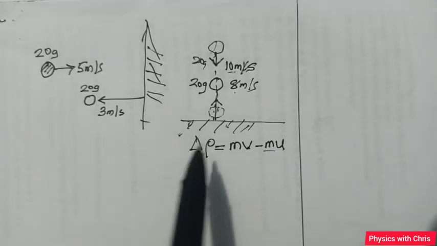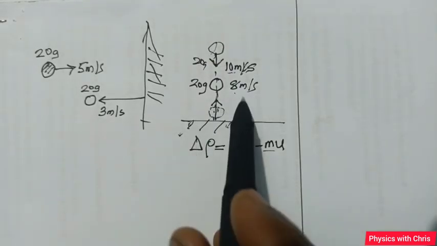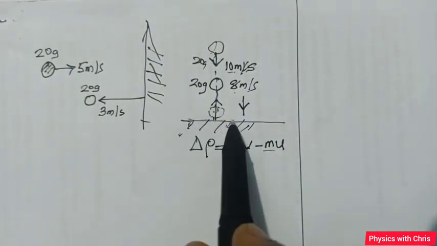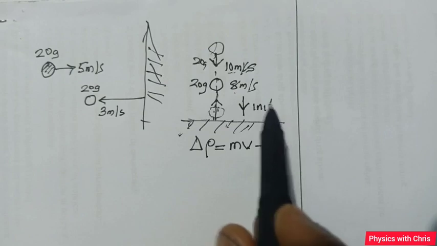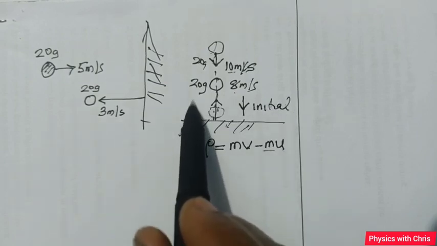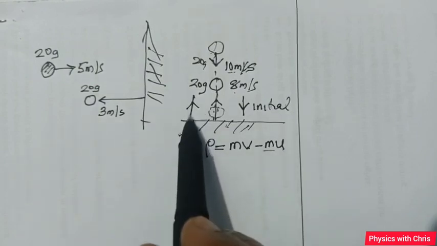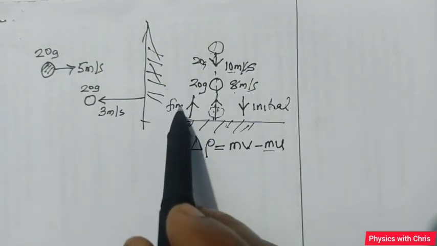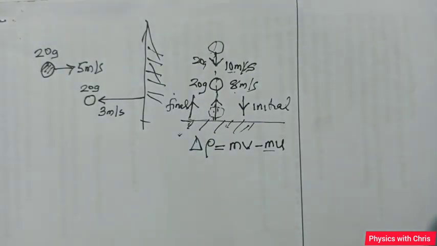But here, let's say the downward direction is the initial direction, while the ball was moving towards the hard surface. And then when it's moving upward after the rebound, let's call that the final condition of the body of mass m.